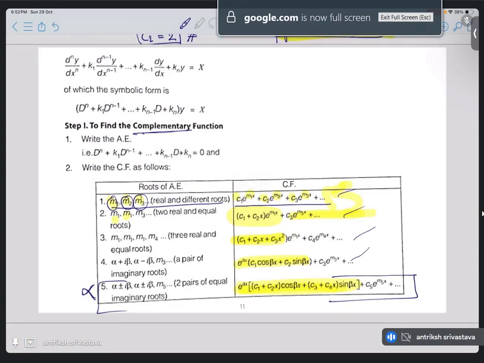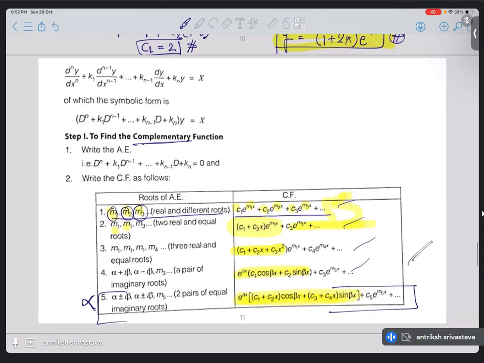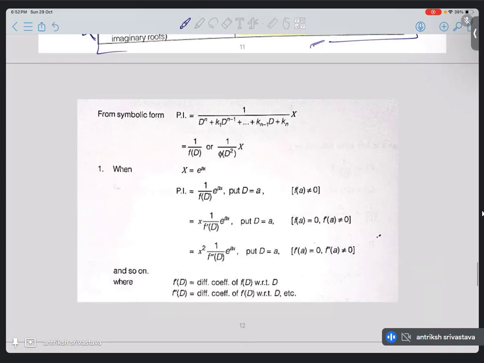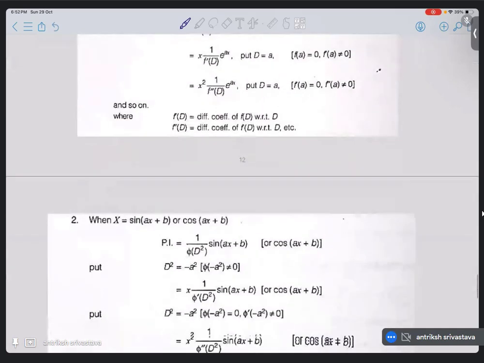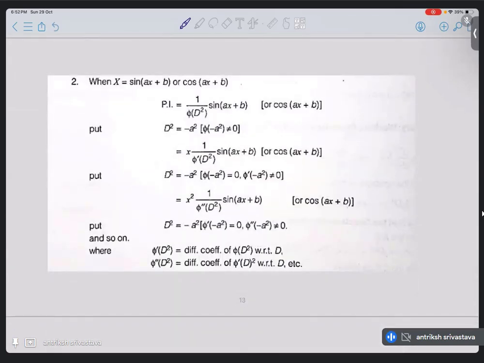So these are all the possible functions for your complementary function. You will not get anything outside this, and it is based on your f of x. In this particular book they have written it as capital X, but you can just put it as f of x.